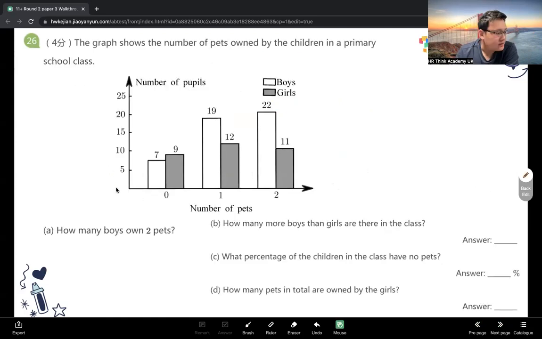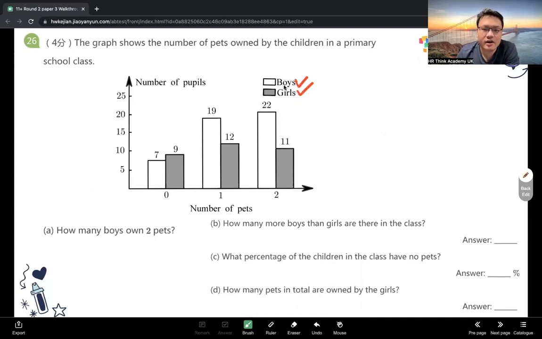Okay, next question. And the correct rate for this one is 62%. Okay, and this question is about statistics. So the graph shows the number of pets owned by the children in a primary school class. Question A, how many boys own 2 pets? So in this one, you need to focus on the bars first.